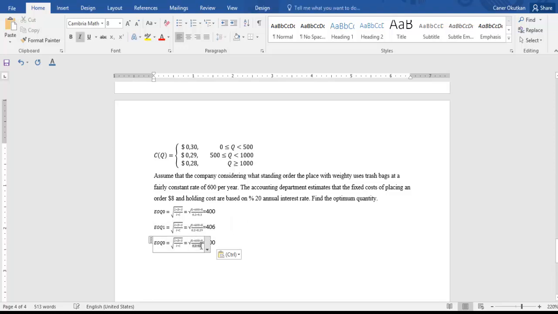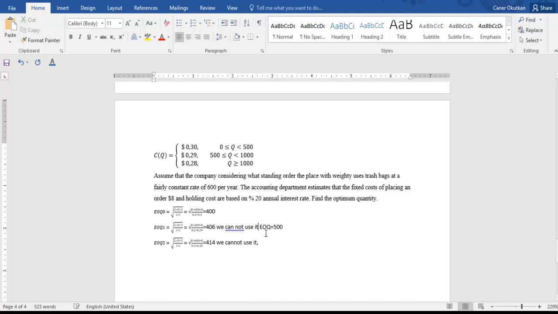Here quantity is between 500 and 1000, but we find 406, so we cannot use it. So the economic order quantity equals 500 and the second economic order quantity 414, and we know our quantity must be bigger than 1000, so we cannot use it.